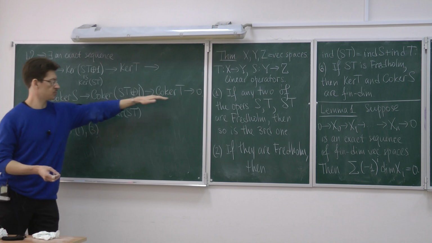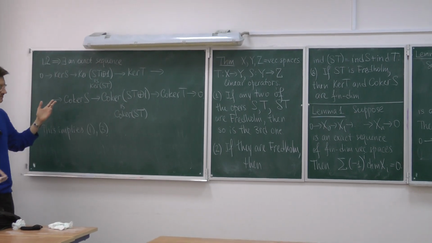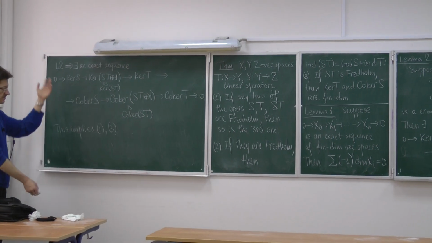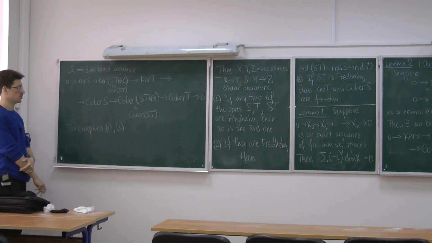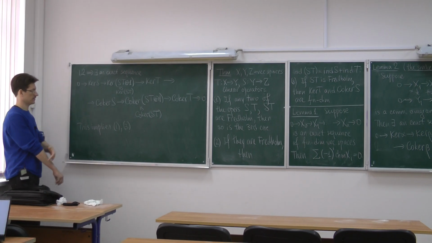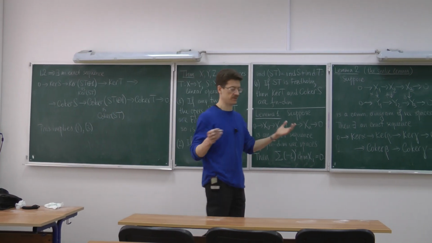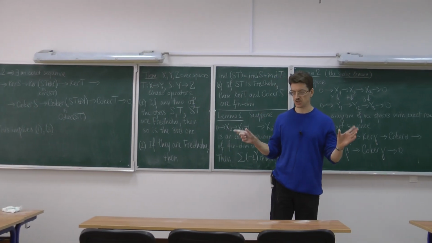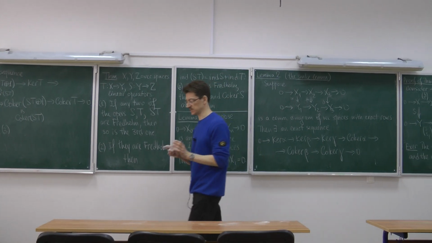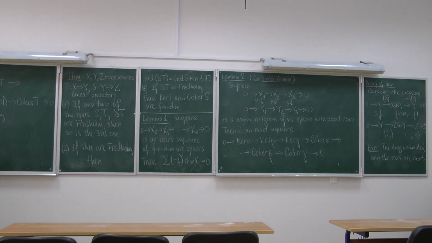And these two are finite dimensional, so the middle space, this one, is finite dimensional. And similarly, if, for example, S and ST are Fredholm, we conclude that T is Fredholm. Everything follows from the obvious fact that if we have an exact sequence, then each member of the sequence which sits in between two finite dimensional spaces is also finite dimensional.